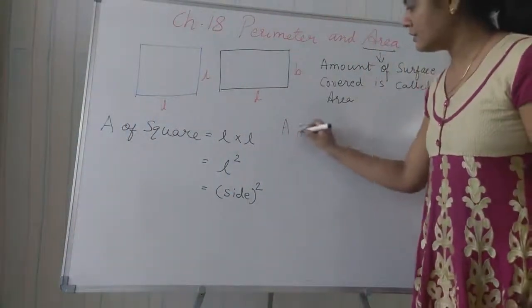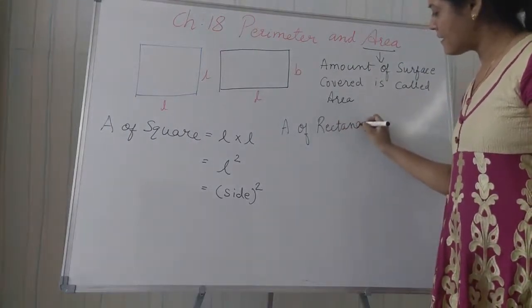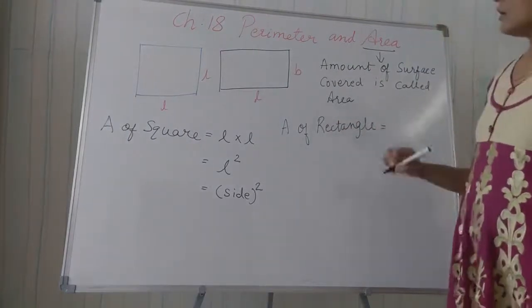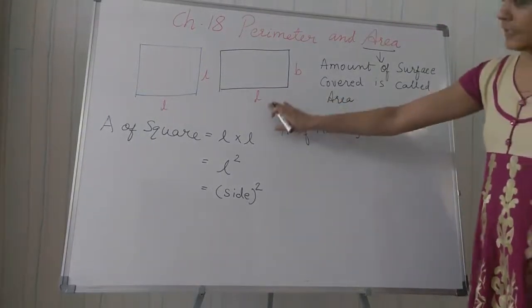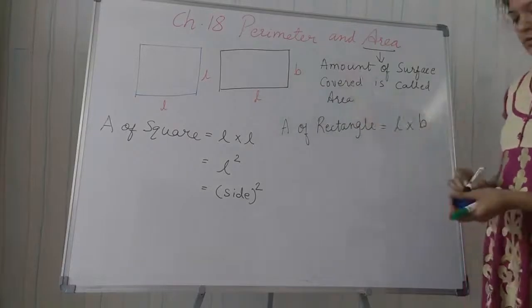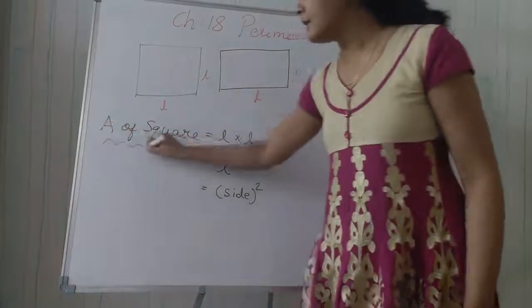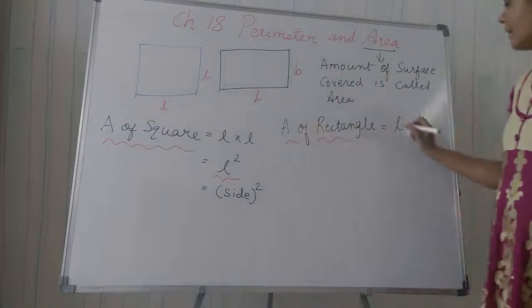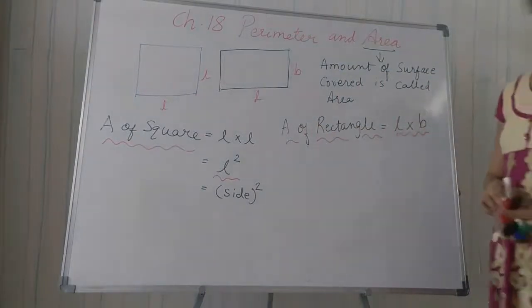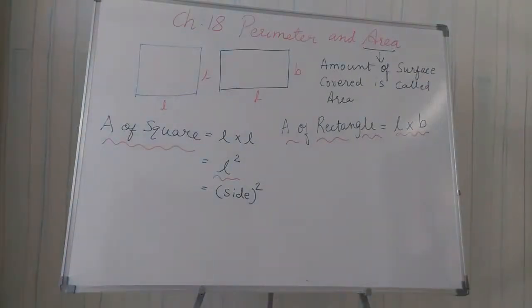So in this, area of rectangle is equal to length multiply breadth. So this is the length and this is the breadth. So here we learned two very important formulas, that is area of square L square and area of rectangle length multiplied by breadth. So students, you have to remember all these formulas, perimeter and area.